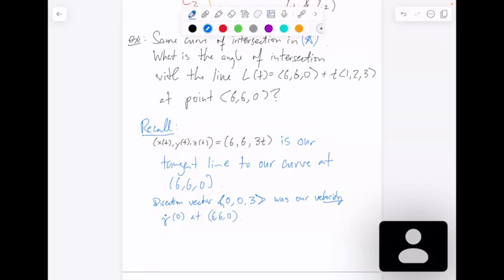So what dot product should I be taking here in order to get the cosine, say, of the angle that I want? So we have (1,2,3) dot (0,0,3). That's almost true. What should I do to each of these vectors to actually get the cosine of the angle? So without any coefficients in front of the cosine.